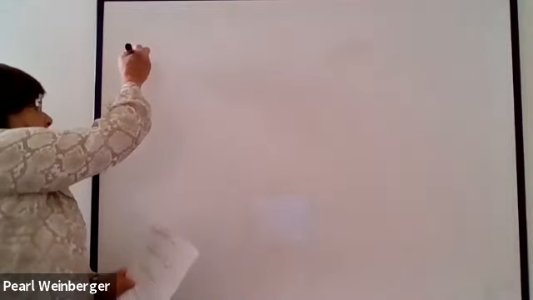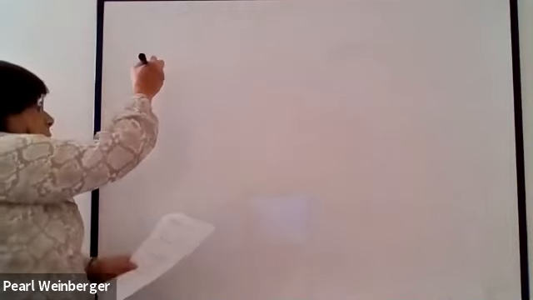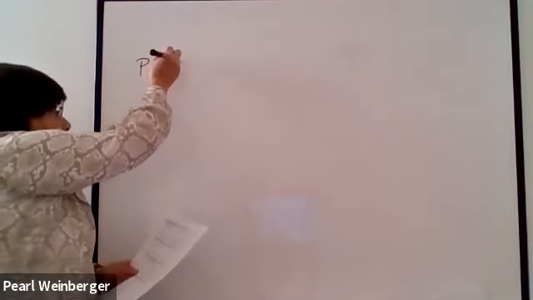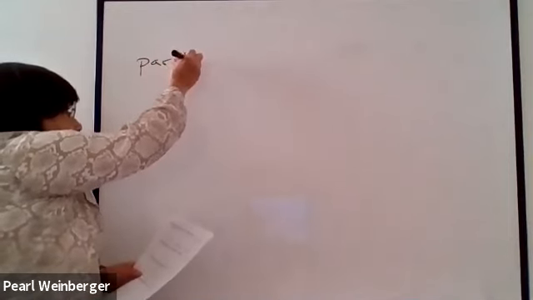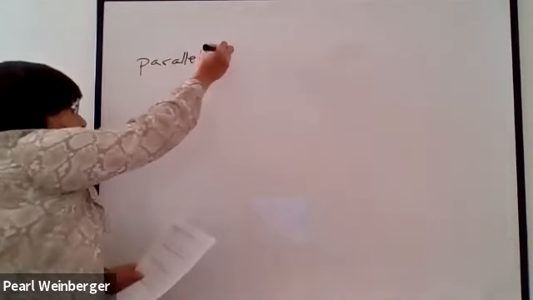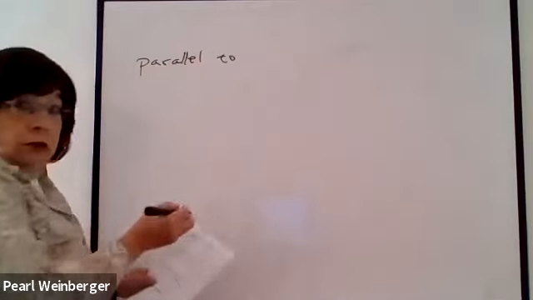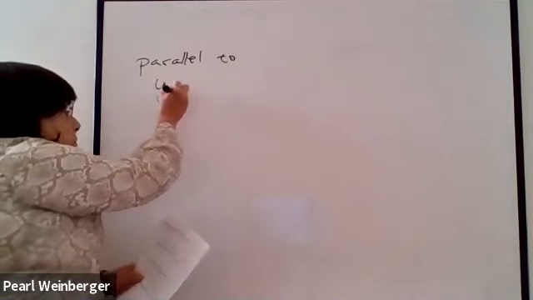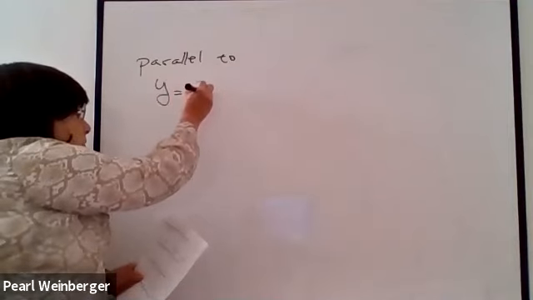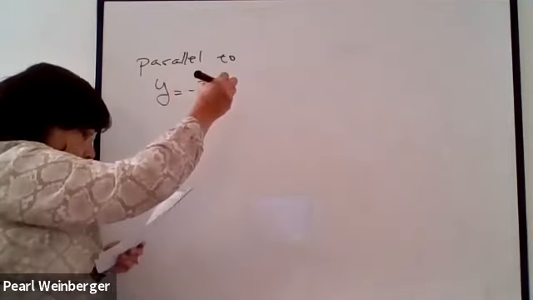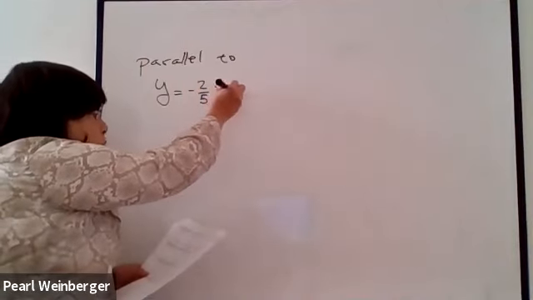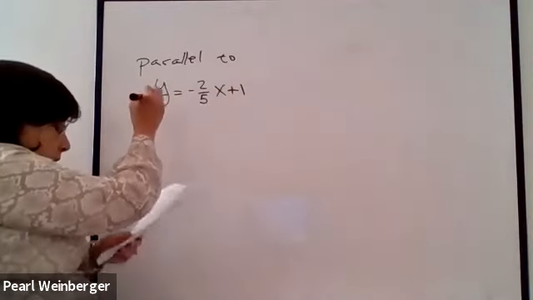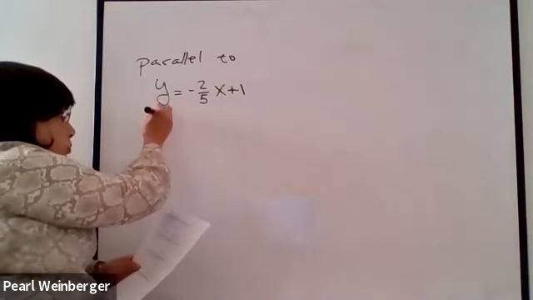It says, write an equation of the line that is parallel to the line y equals -2/5 x plus 1 and passes through the point (5, 2).